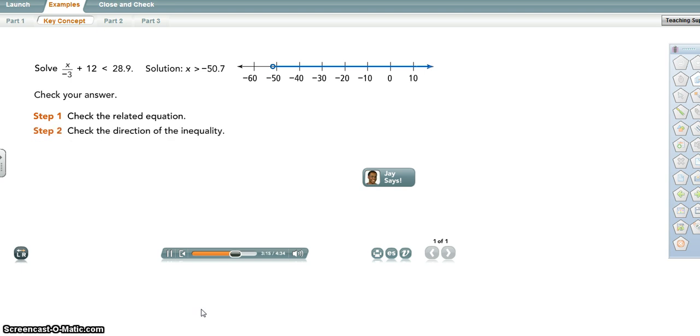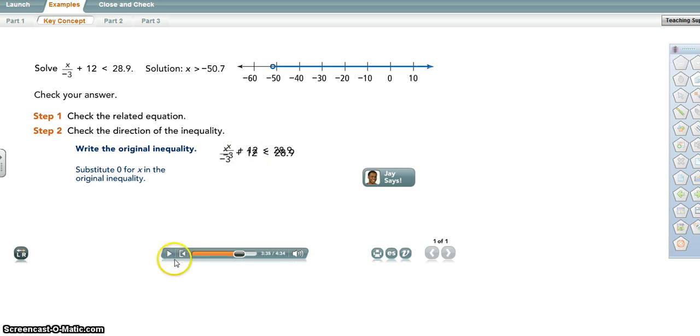Step 2. Check the direction of the inequality. To check the direction, test a value from the solution in the original inequality. 0 is greater than negative 50 and 7/10, so substitute 0 for x in the original inequality.